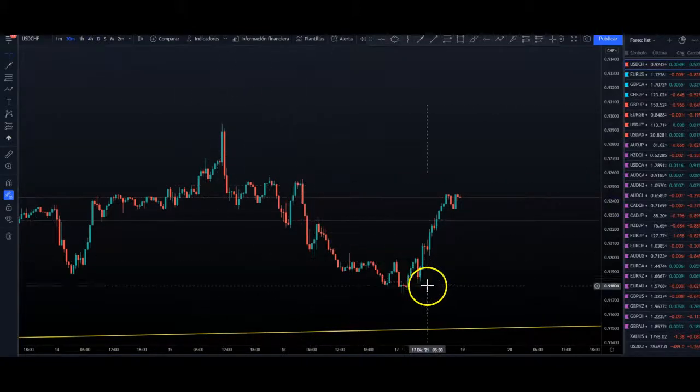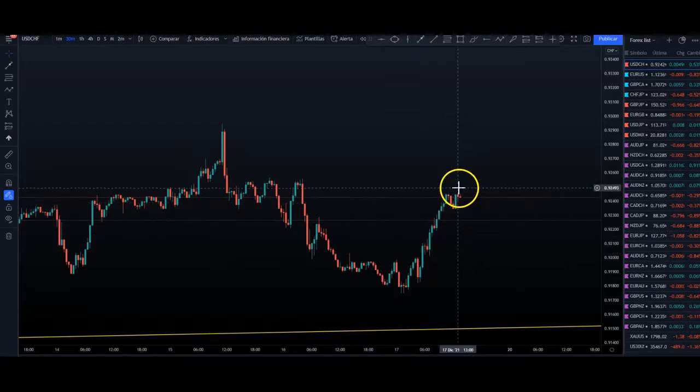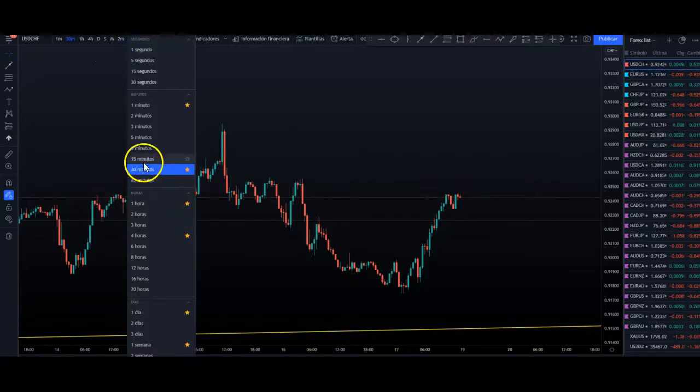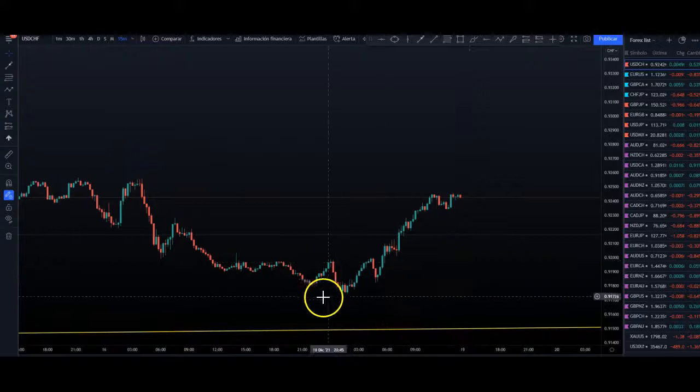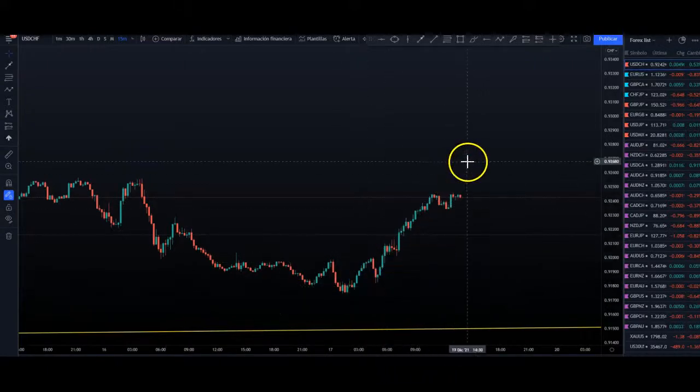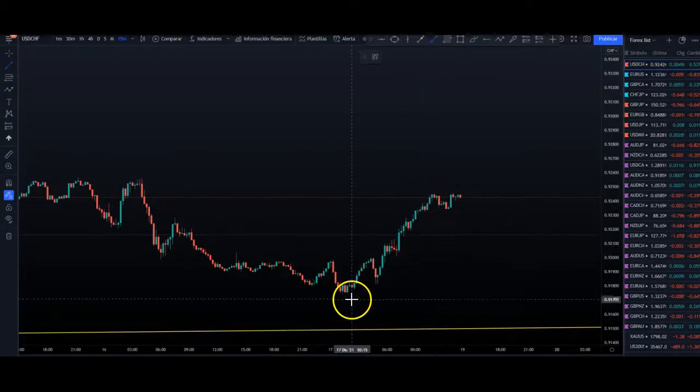And that trend was already broken last week to the top. So that's a trend. Then I will go to the 15 minutes, and now we're in this smaller trend in the 15 minute.